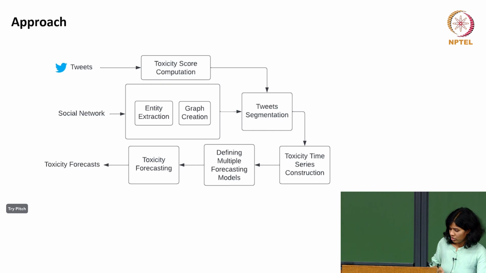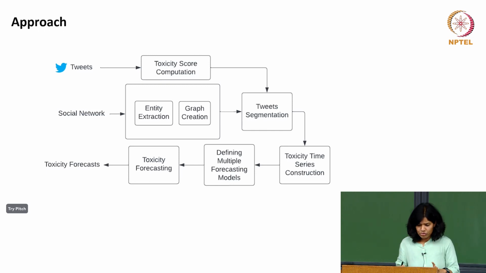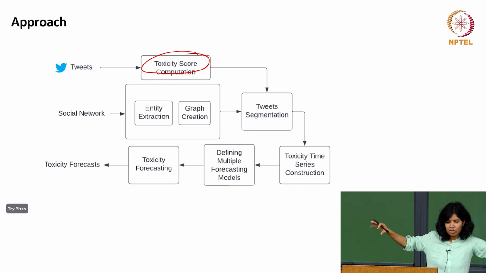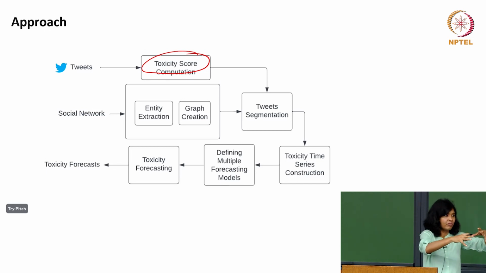Okay. Yeah, so this is the overall architecture, right? We are computing the toxicity score, and then, like I said, we can do the prediction of toxicity at different levels: at the whole graph level, versus different community levels, versus different user levels, right?